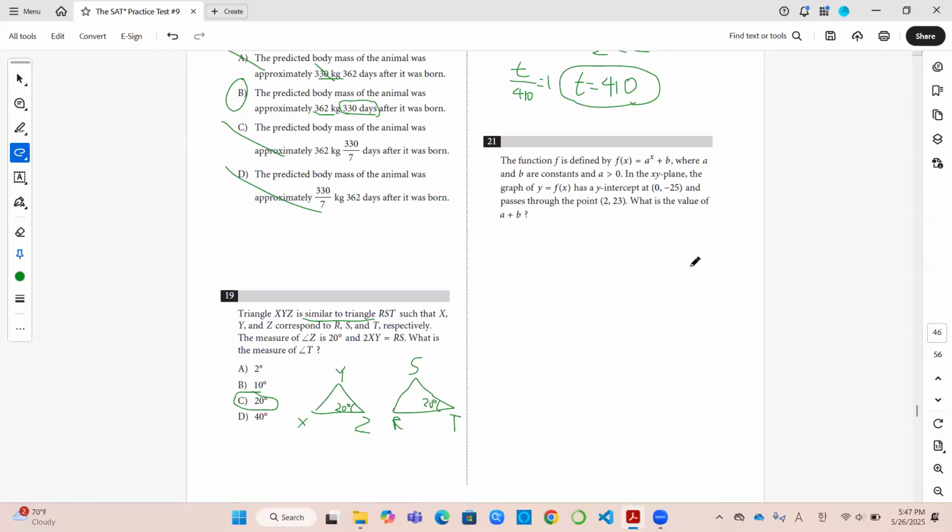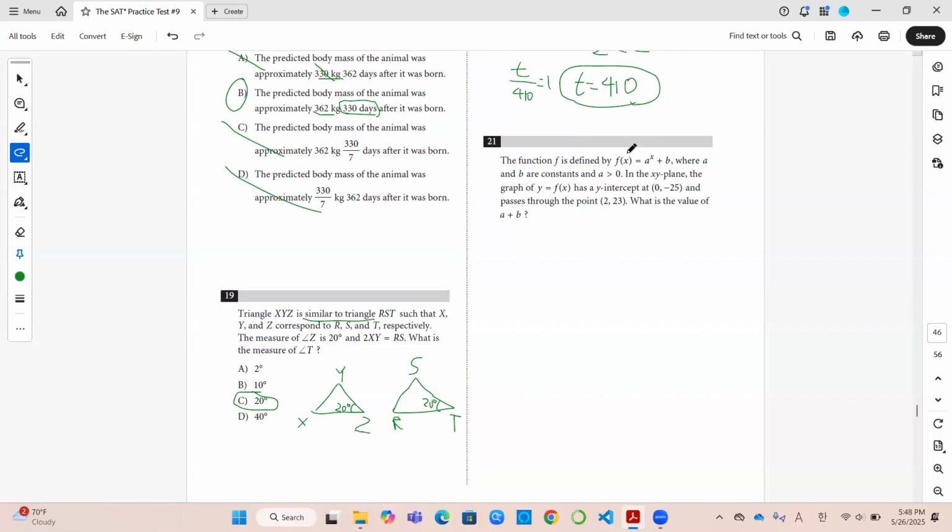Okay, question 21. The function f is defined by f of x equals a to the power of x plus b, where a and b are constants and a is greater than 0. In the xy plane, the graph of y equals f of x has a y-intercept at (0, -25) and passes through the point (2, 23). What is the value of a plus b?